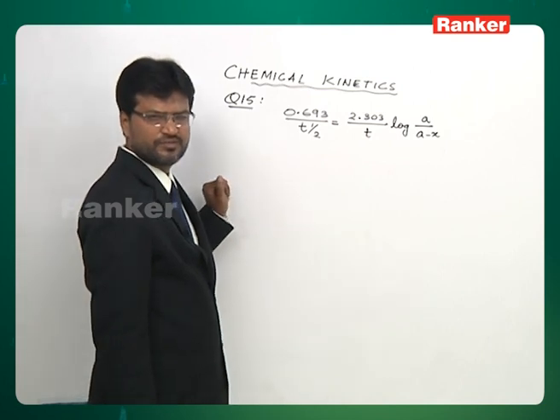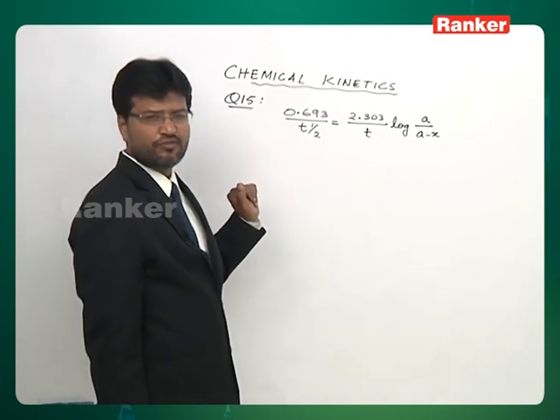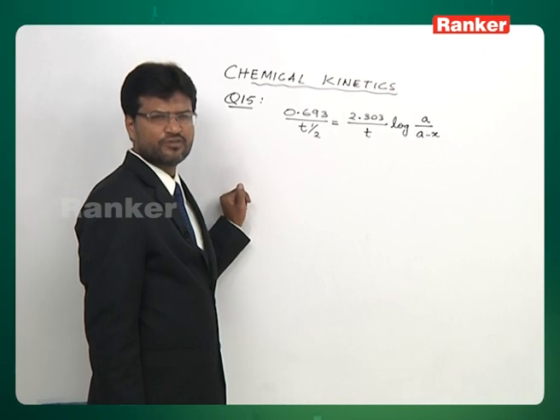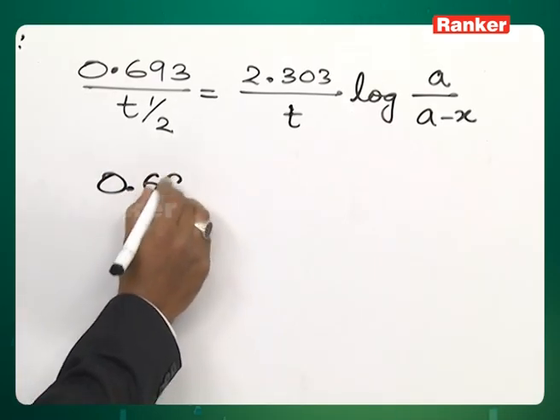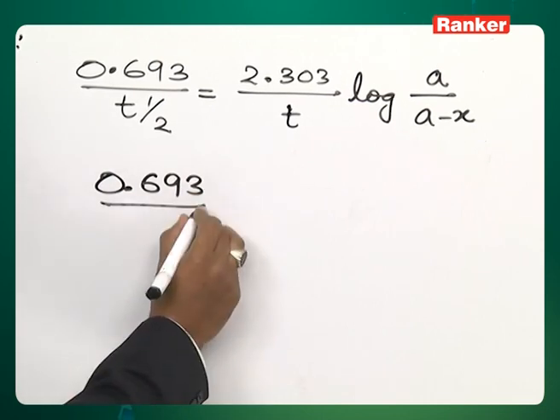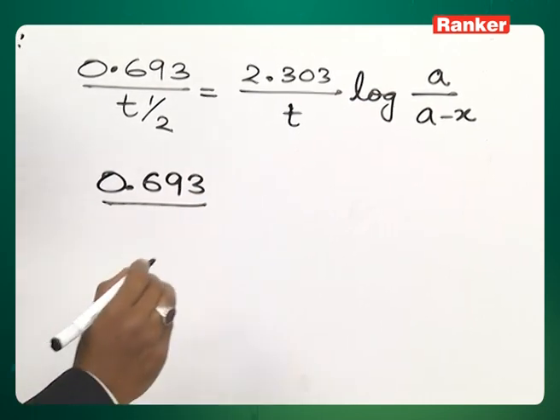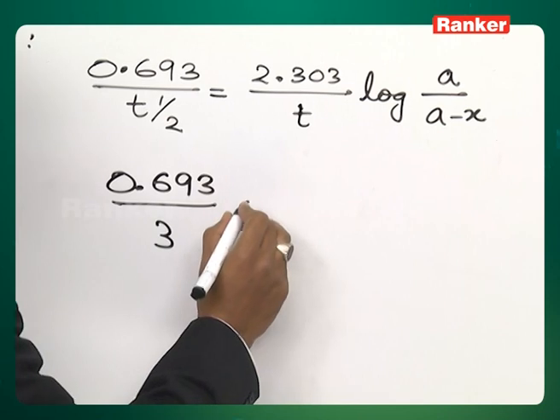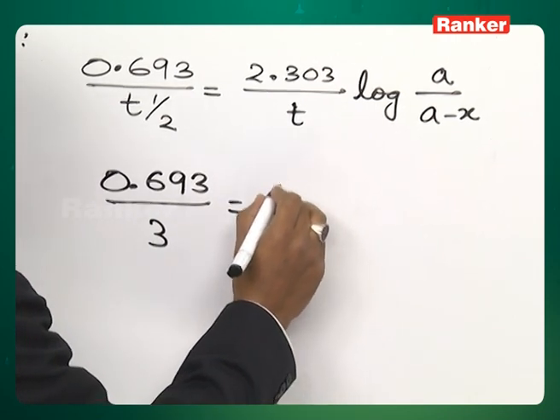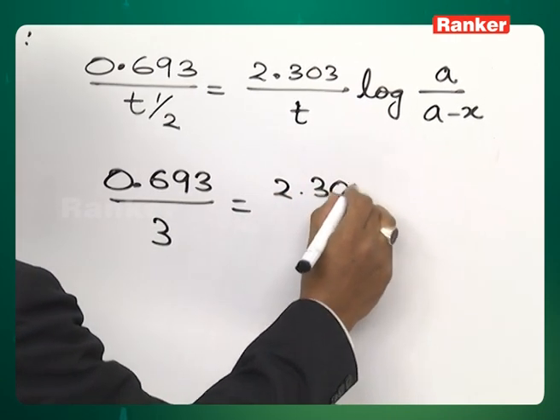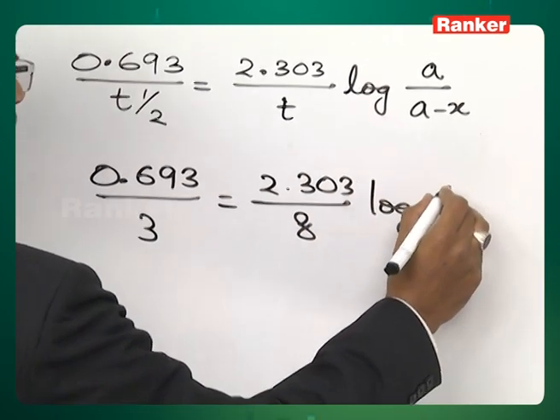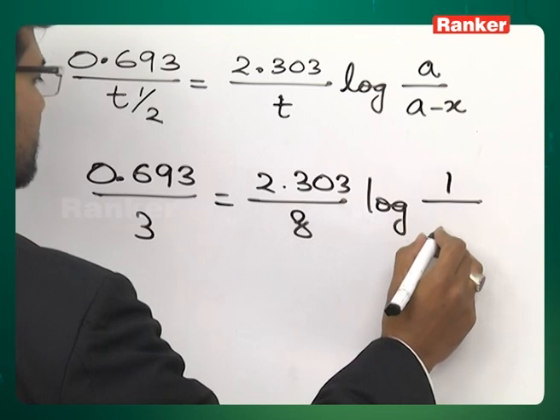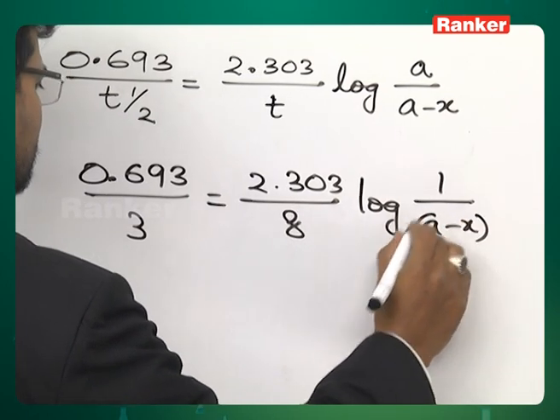So let's substitute the value, and we have to find what fraction is left after 8 hours. 0.693 / t half, given as 3, equals 2.303 / 8 log 1 / (a - x).